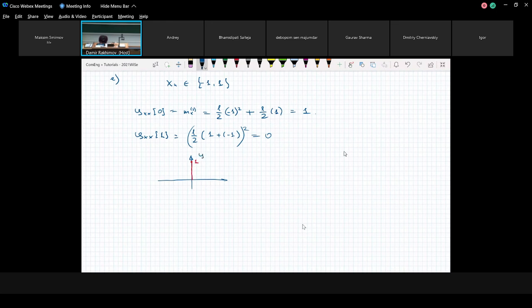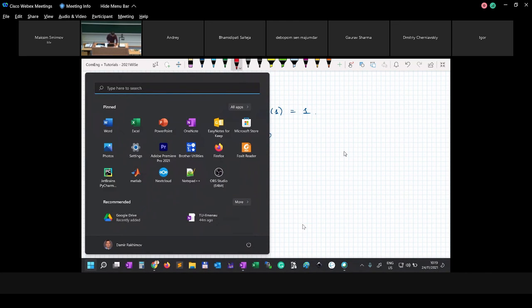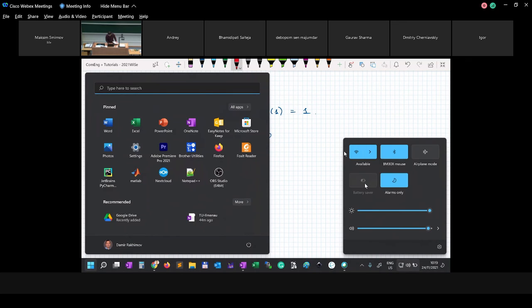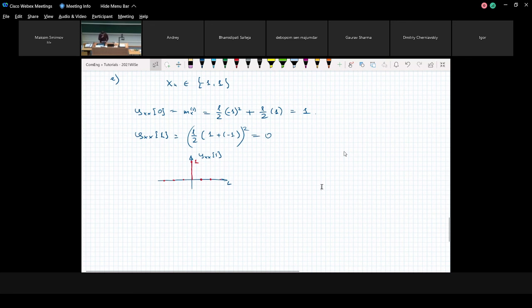This is phi xx of L. At any other point, you have 0, because you have a bipolar sequence. Okay, this is our autocorrelation.